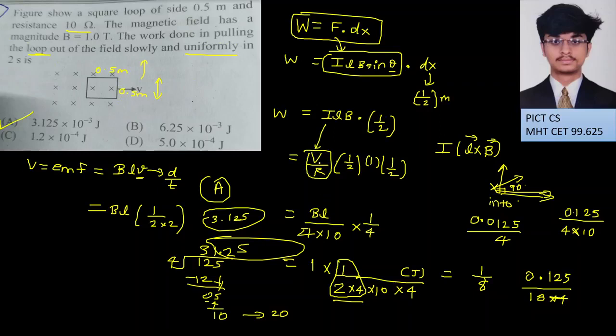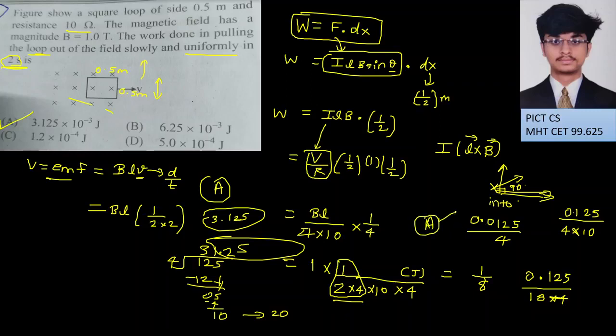Also I didn't know the voltage, so I wrote it by the formula EMF is BLV. Now again I don't know the velocity, but I know that time is given, so I have to use it. Maybe it's a hint here, so I wrote velocity as distance upon time, and then just calculations are required. So option number A is the correct answer for this question.